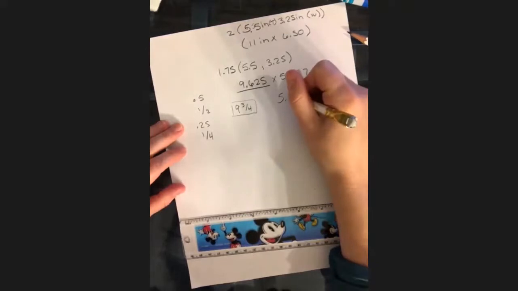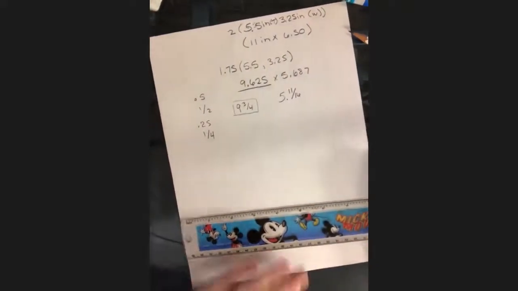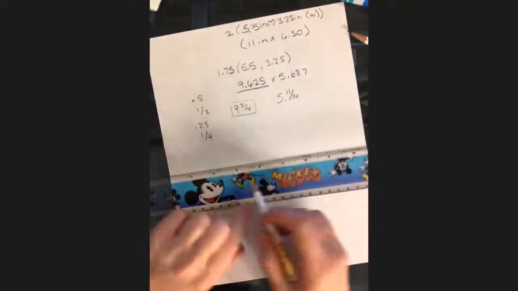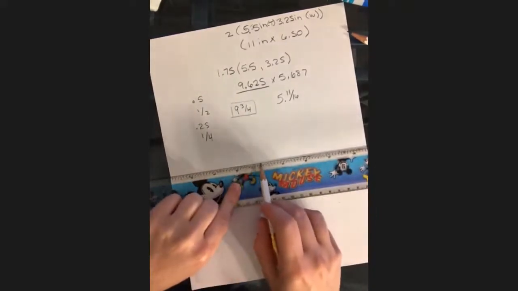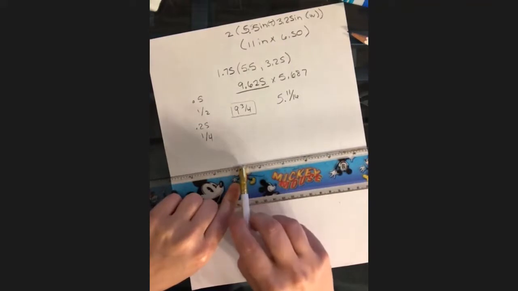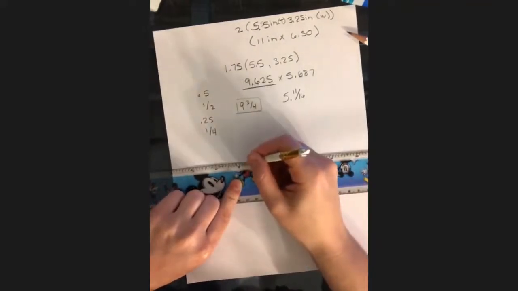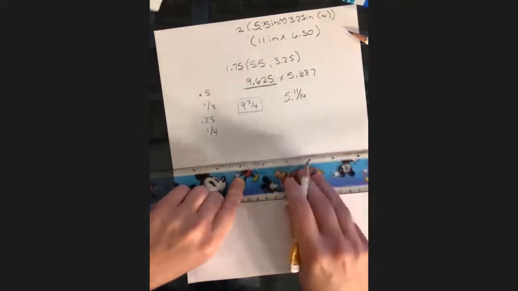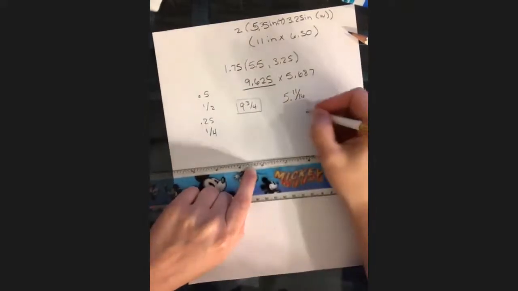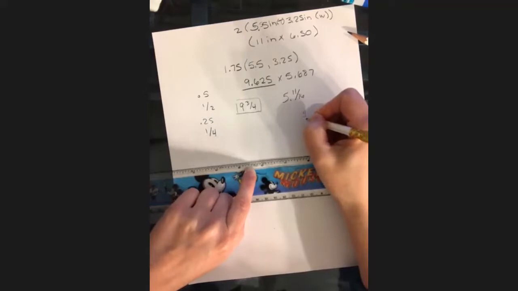So 5 and 11/16. So if we go to the 5, we just count the little dots because there are 16 lines on an inch. So 1, 2, 3, 4, 5, 6, 7, 8. 8 is half. So half would be 8/16.